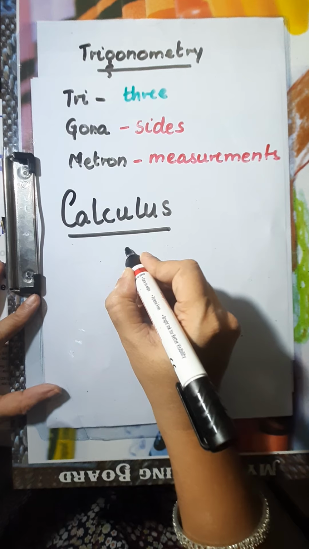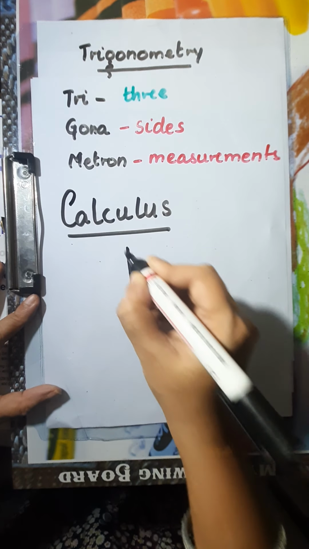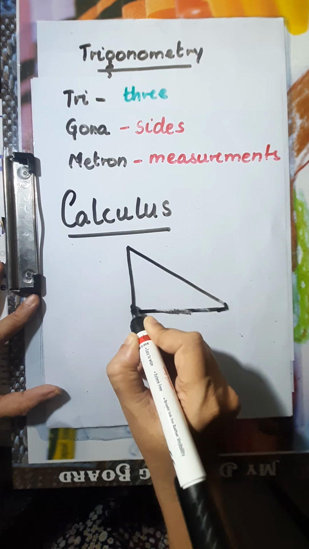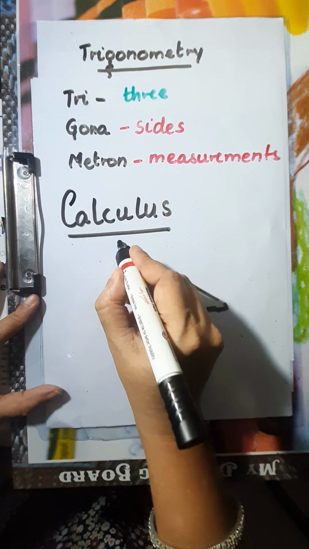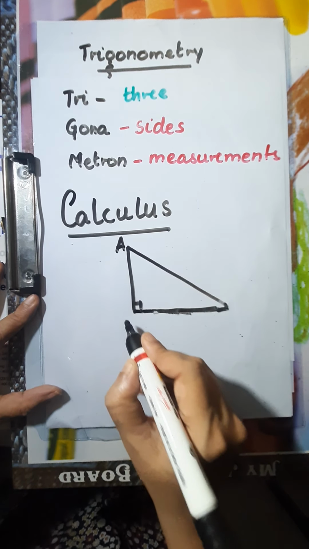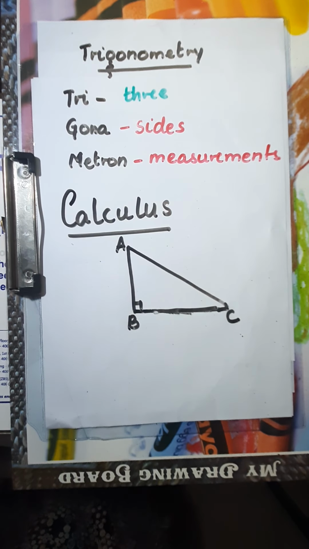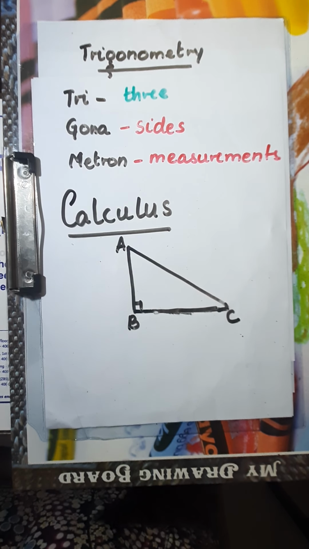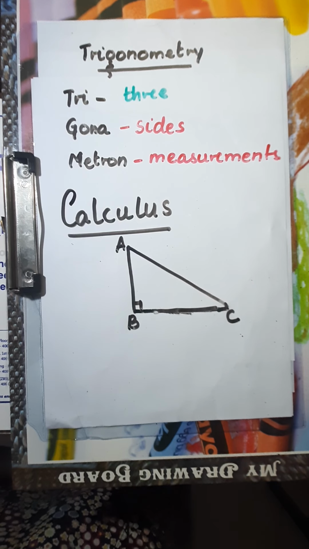Now this is my triangle, and this is my right angle triangle ABC. As far as you are concerned, trigonometric ratios are applied in right angle triangles.